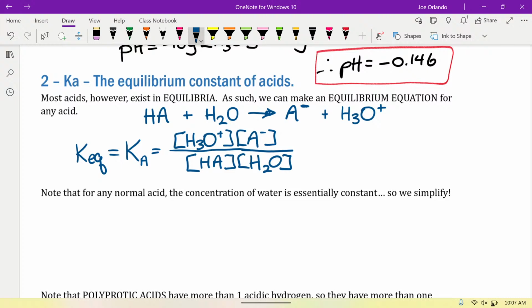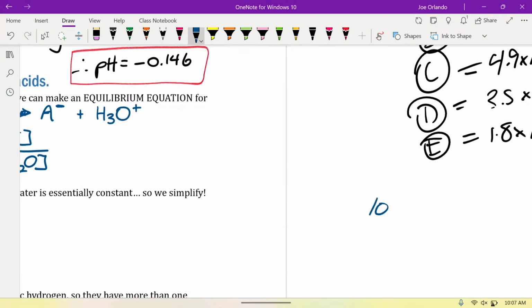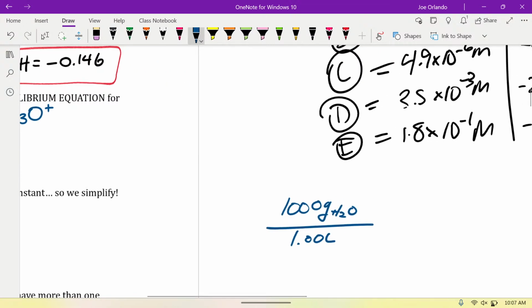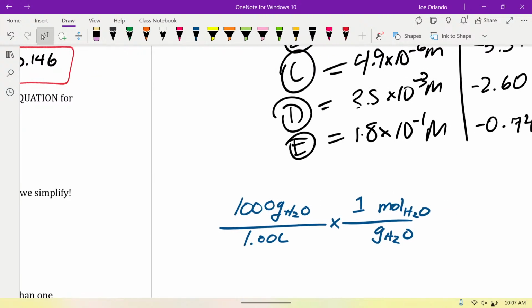And we know that actually a liter of water weighs a kilogram. So we could say 1,000 grams of water in 1.00 liters, right? And we just have to convert grams to moles, right? We could put grams of water on the bottom and instead put moles of water up here, right? How much does a mole of water weigh? Well, 16.00 plus 1.01 twice, so 18.02, right?